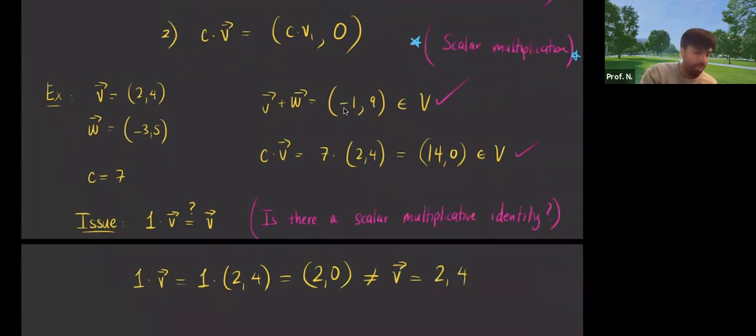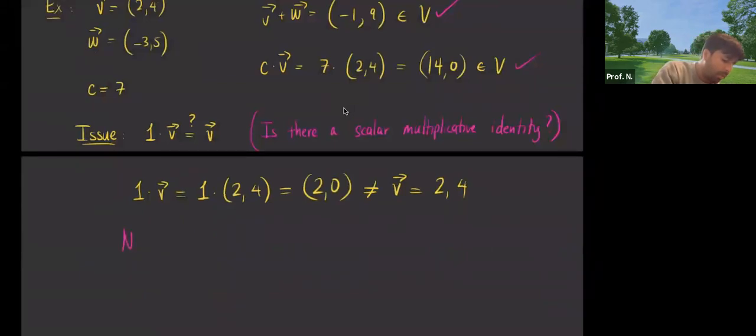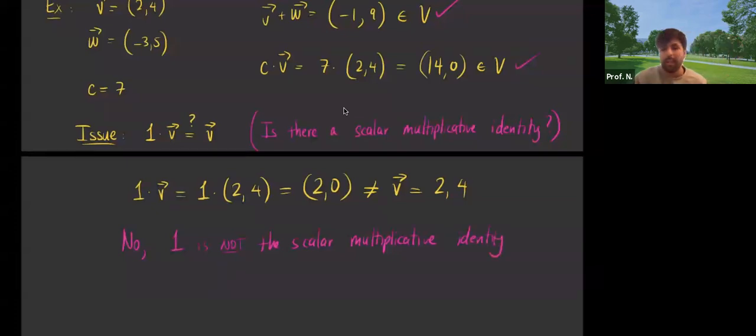So no, 1 is not the scalar multiplicative identity. It doesn't work this way because of the way scalar multiplication is defined.